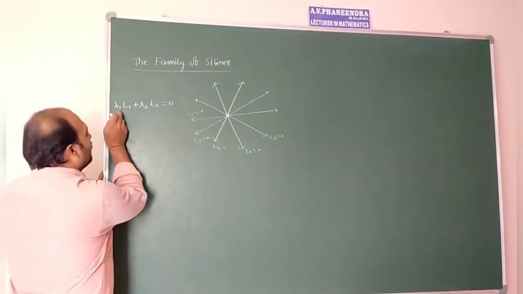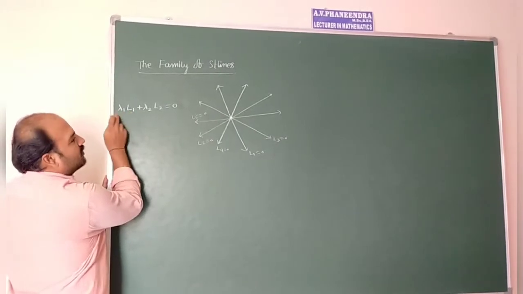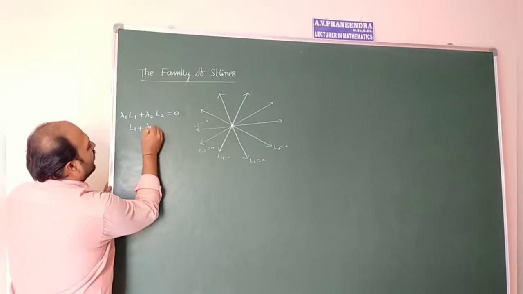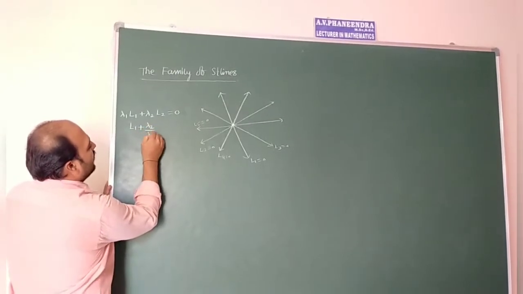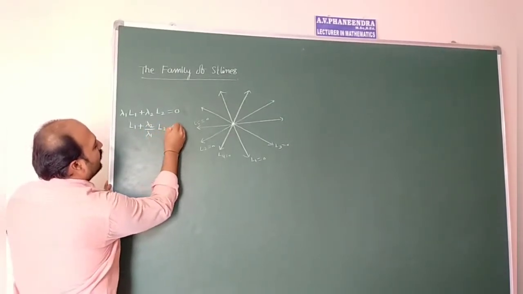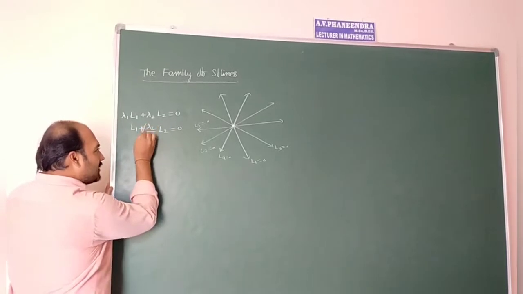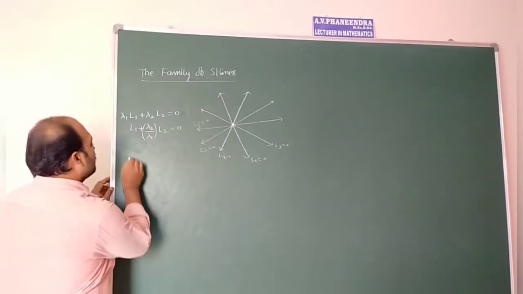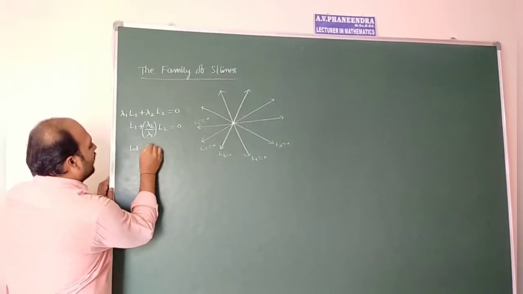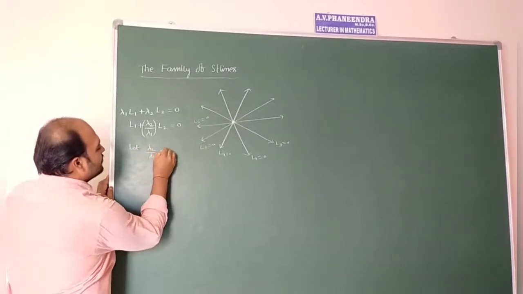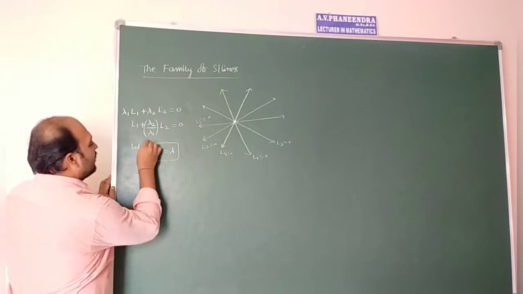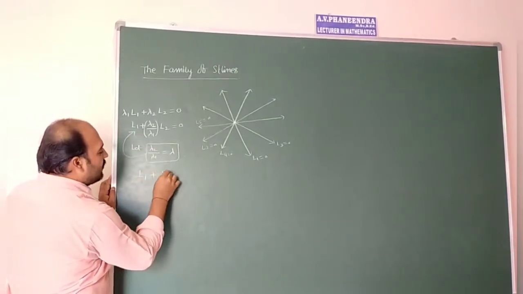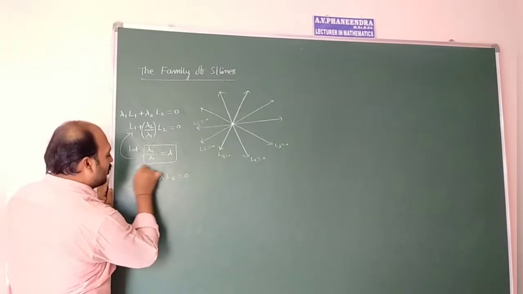After that, we can make the L1 coefficient as 1, dividing by lambda 1: L1 plus lambda 2 by lambda 1 into L2 equal to 0. This lambda 2 by lambda 1 is one constant, which we assume is equal to lambda. Therefore, this equation becomes L1 plus lambda L2 equal to 0.